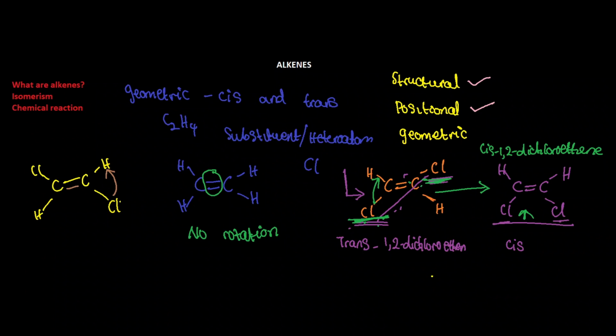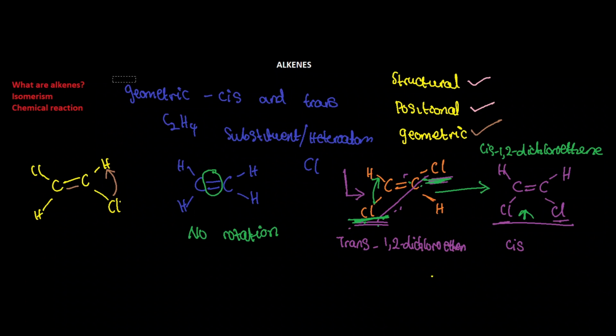However, the double bond prevents any form of rotation. It's good for us to take note of that. So we are done with structural isomers, positional isomers, and geometric isomers. And for alkenes, this is all on isomerism.